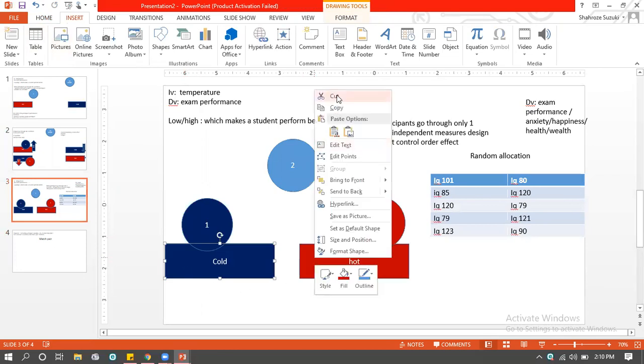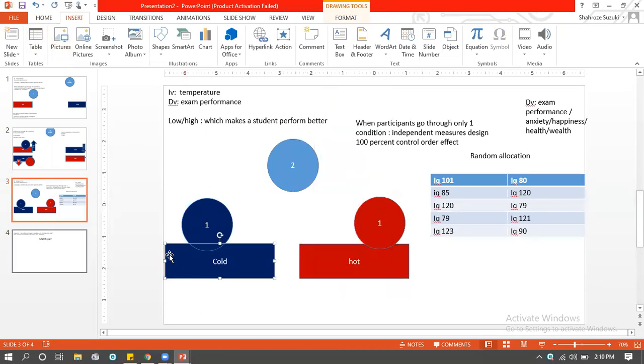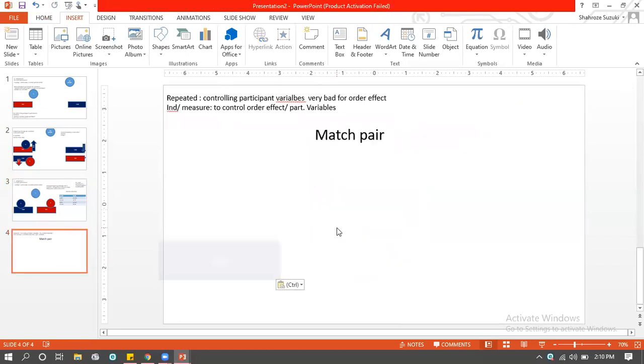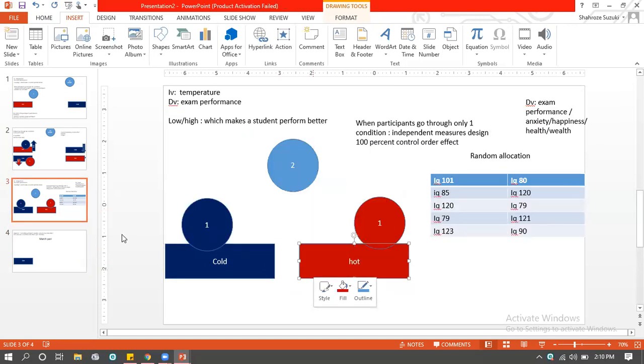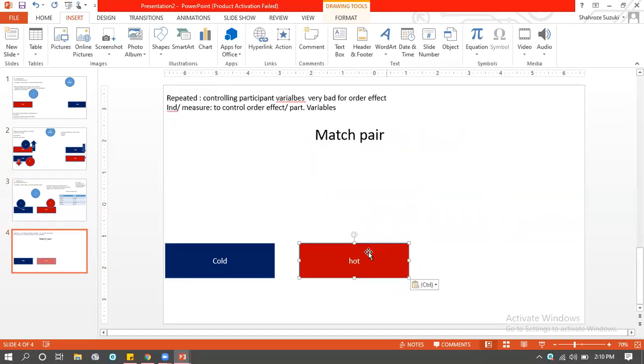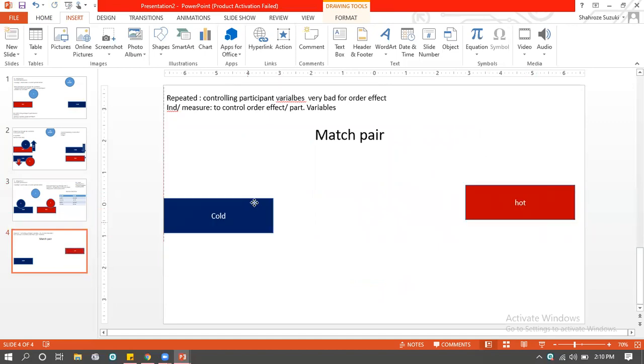In which temperature will a student perform better in exam? Hot condition, cold condition. We still have this debate going on. Now the problem is, if we do independent measures, there's a problem, and repeated measures also has a problem.